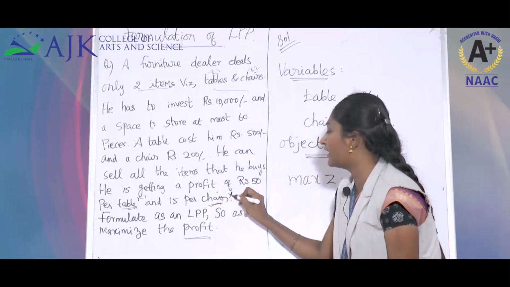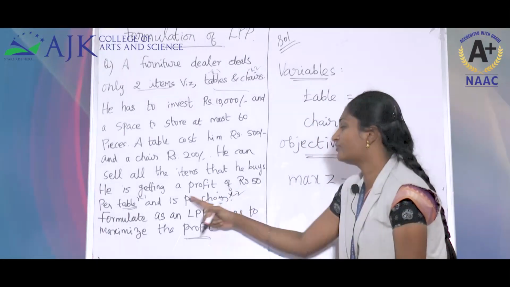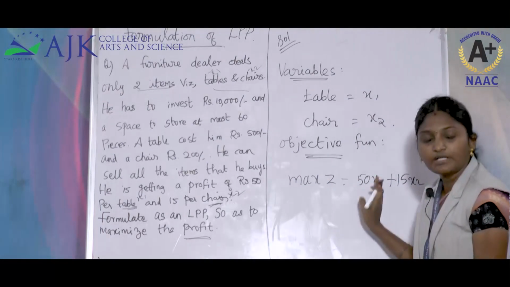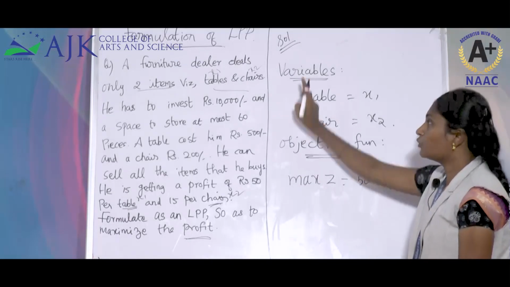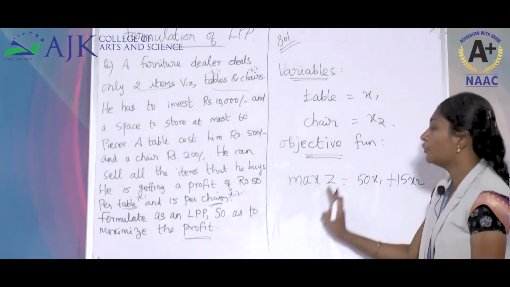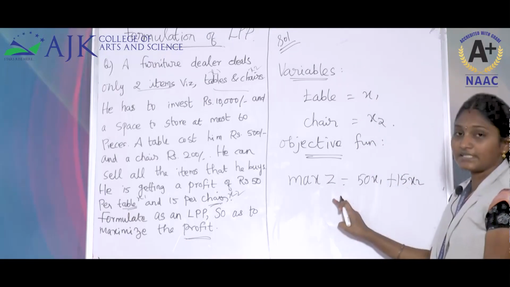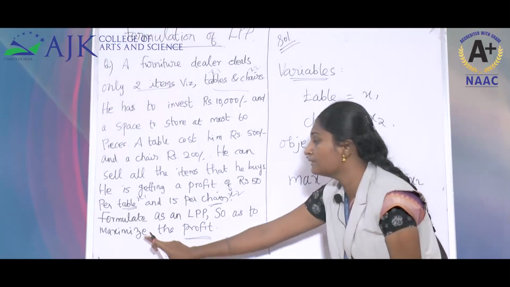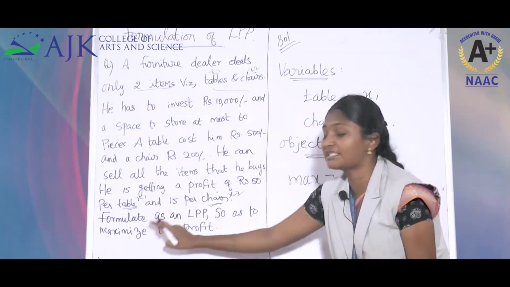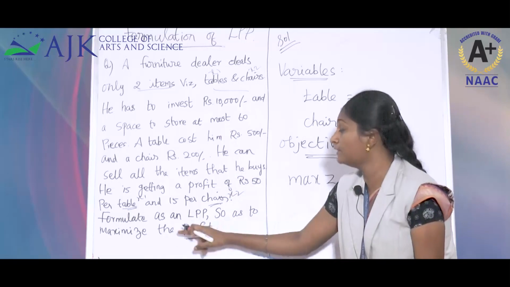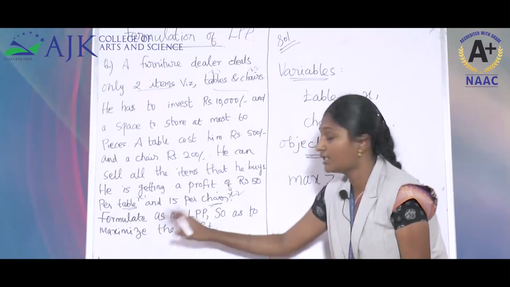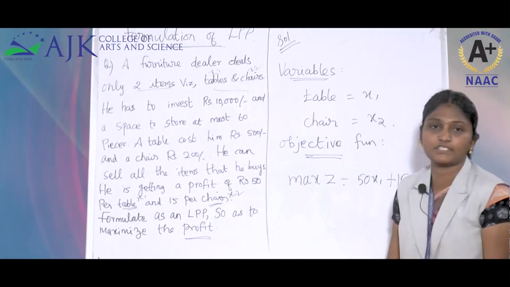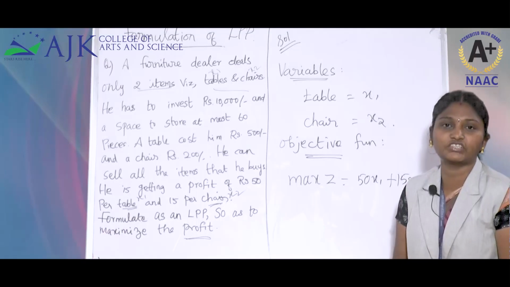Our chair is variable x2, so 15x2. This is our objective function. Your objective function is maximize Z equals 50x1 plus 15x2. Here they have said maximize the profit; maximize the profit, minimize the loss. In your question they have given profit, therefore maximize Z equals 50x1 plus 15x2.